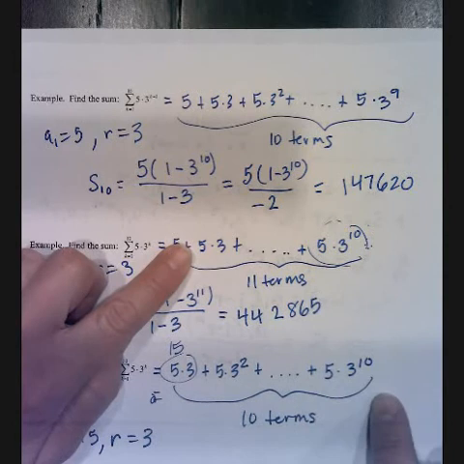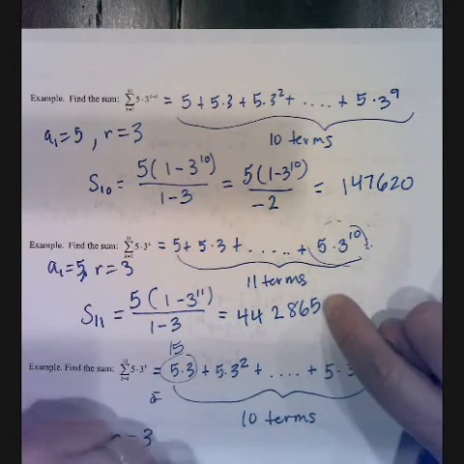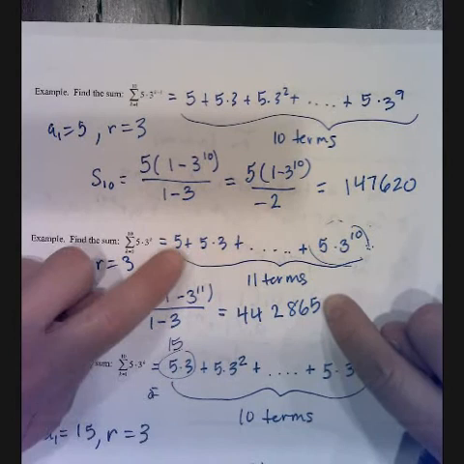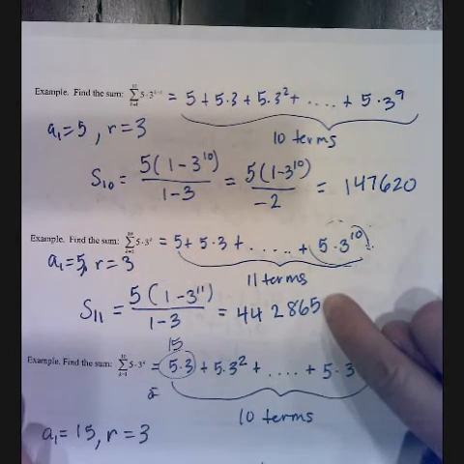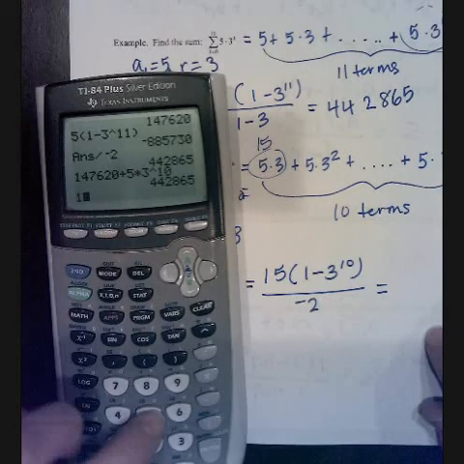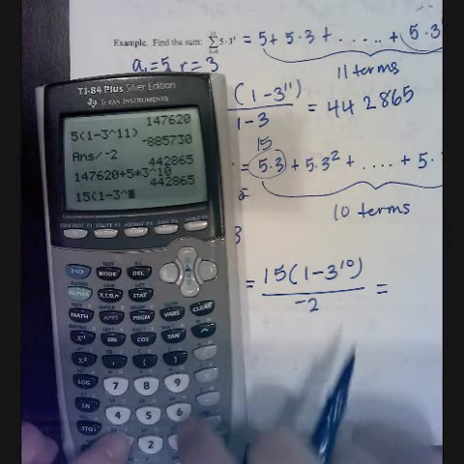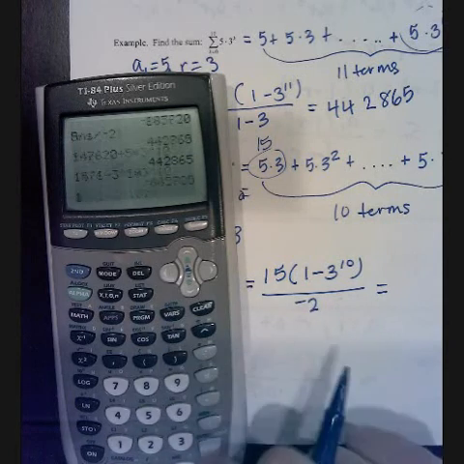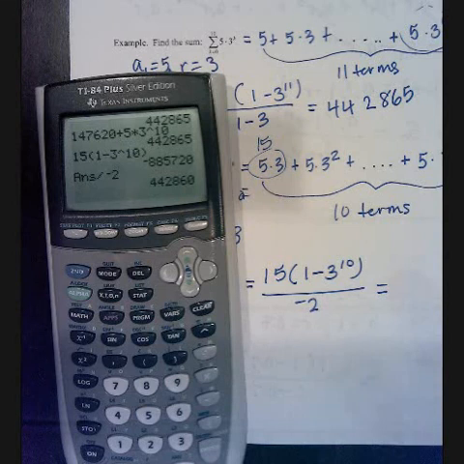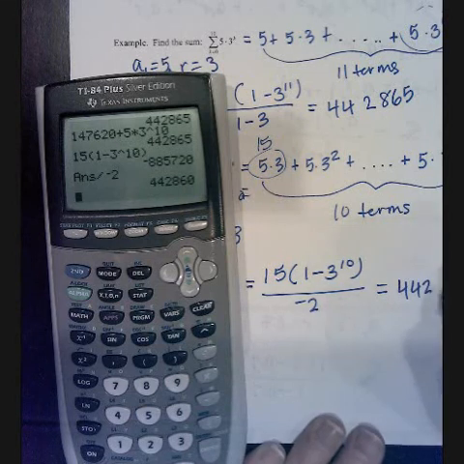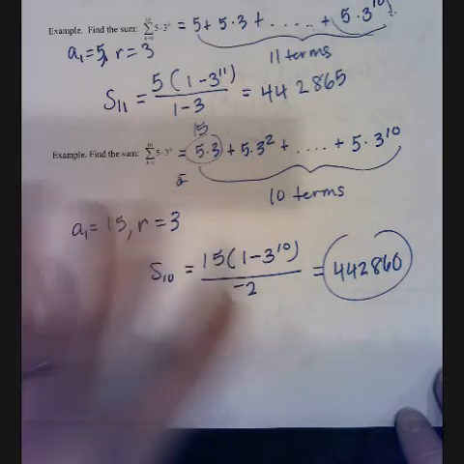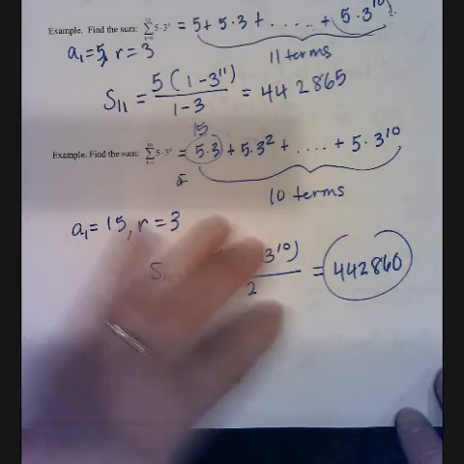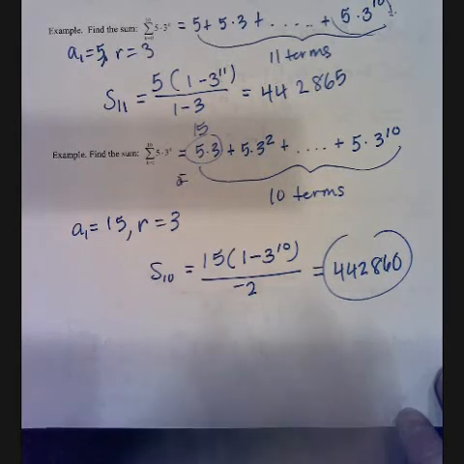So this answer should be 5 less than this. This is the only extra term. So I should get 442,860 for this answer. And we'll just verify that. Divided by negative 2. And that's exactly what we get. Okay, so again, if the numbers get really big, it's okay to leave it like this. But if they're not too bad, I can go ahead and calculate.